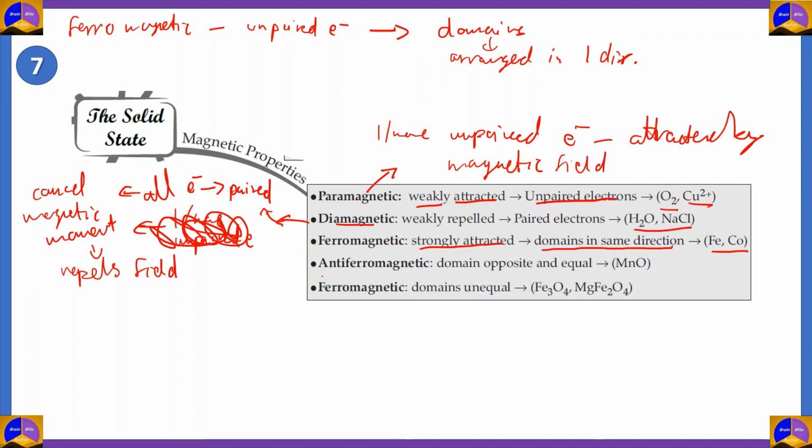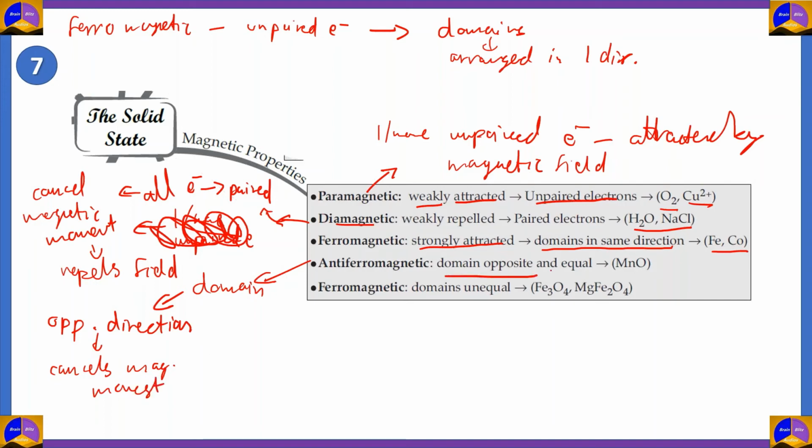Next, we have anti-ferromagnetic substances. When it comes to anti-ferromagnetic substances, the domains, which contain the unpaired electrons, are present in opposite directions. Because of the change in direction, the magnetic moment gets canceled. The domains become opposite and equal, so the magnetic moment gets canceled.